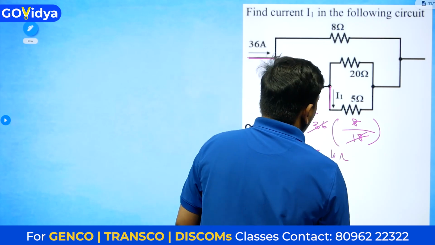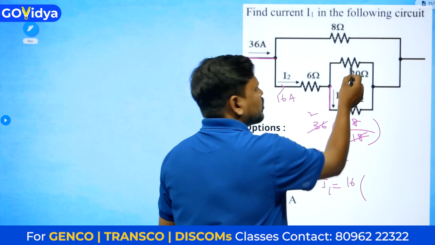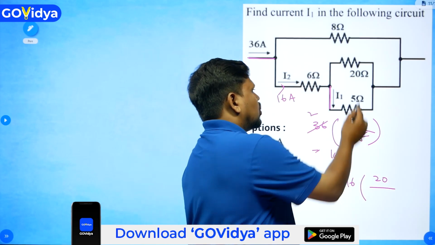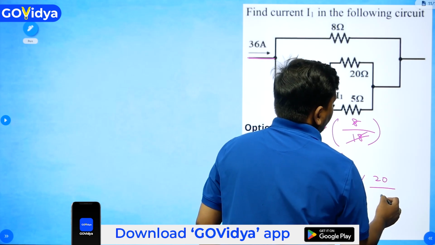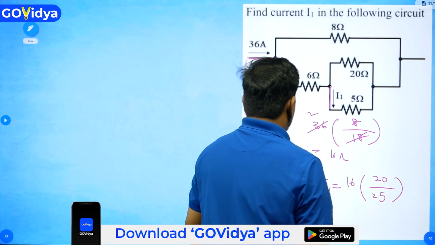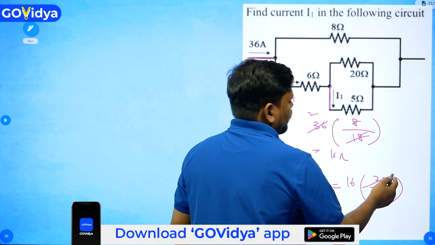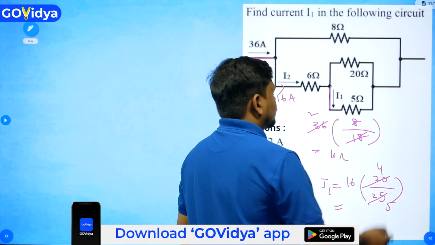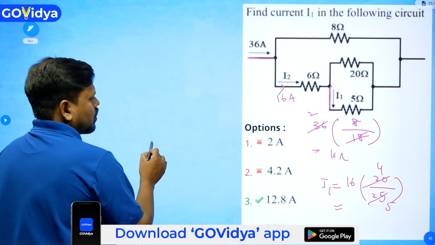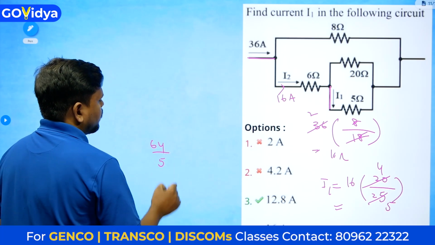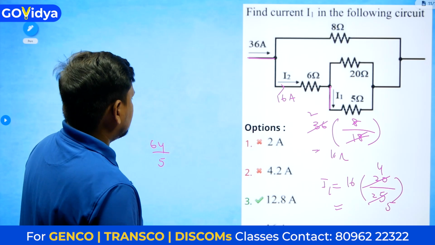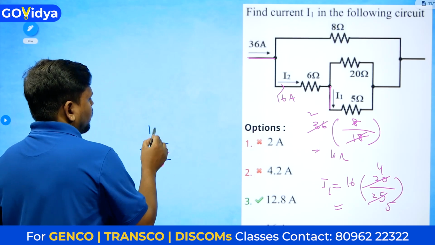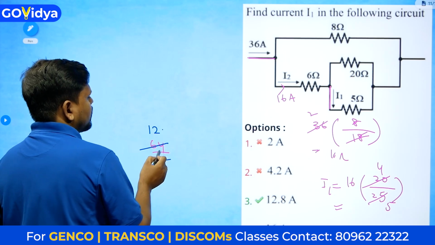I need I1. So I1 equals 16 into the opposite resistance, which is 20, by current division: 20 divided by 20 plus 5. 20 plus 5 means 25, so you get 4 by 5. Then 16 into 4 is 64, divided by 5. 64 divided by 5 means 12.8? 5 ones are 5, 5 twos are 10, then 2 will be remaining.